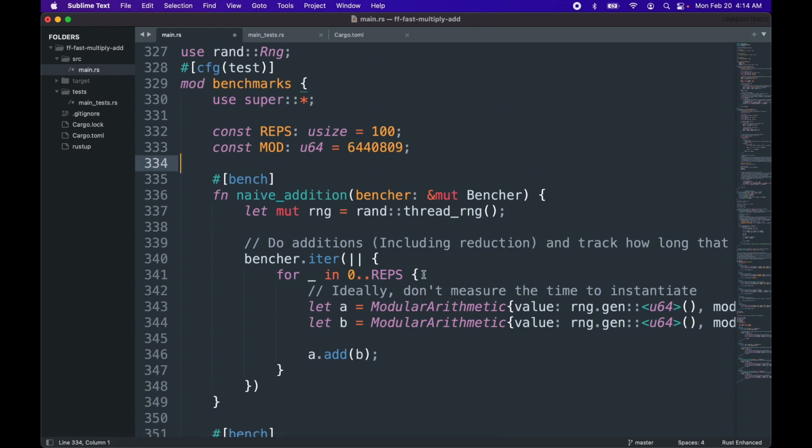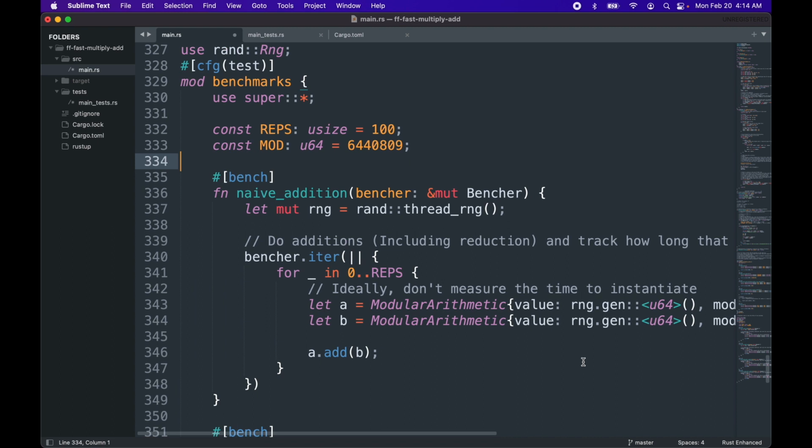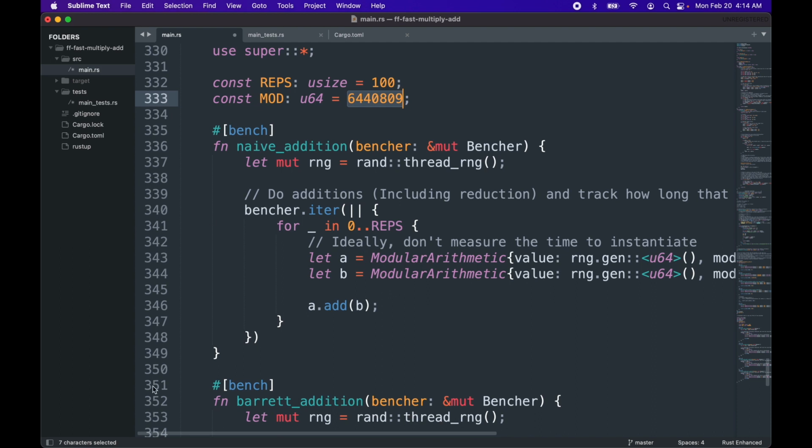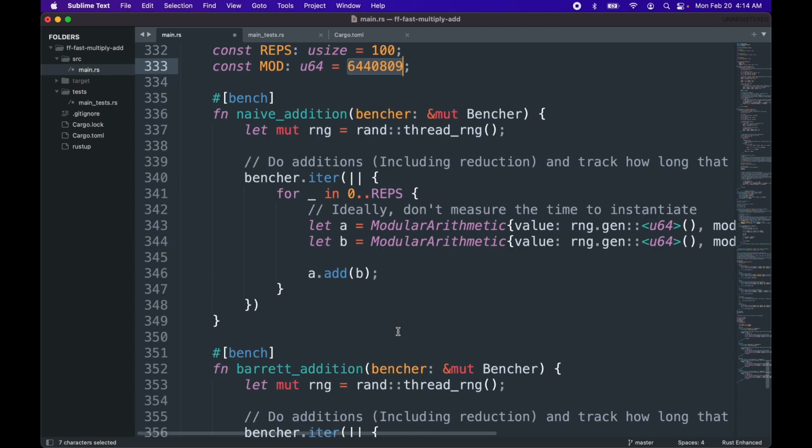So you, some number of times, with random numbers that you're generating as your inputs, have some modulo that's a prime number that you've already pre-computed your k and your m for. You're going to just repeatedly do operations and then see, is it cheaper?